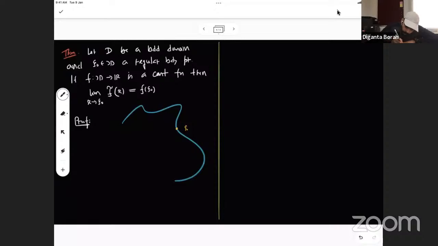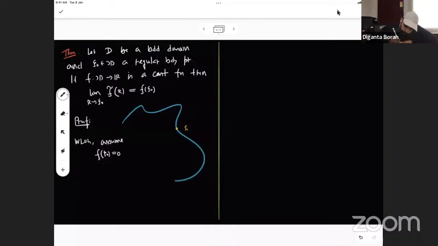Let's do the following. Without loss of generality, we assume first of all that f of zeta naught is 0. You can simply make a translation by a constant. So for an arbitrary function, you simply look at f minus f of zeta naught. Then it will satisfy this condition.